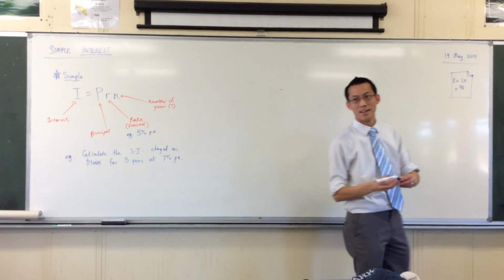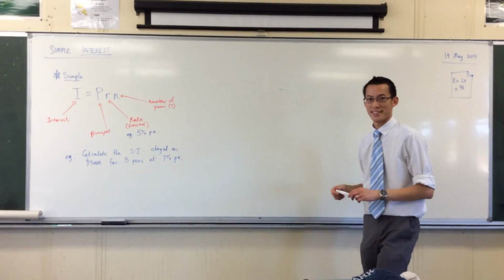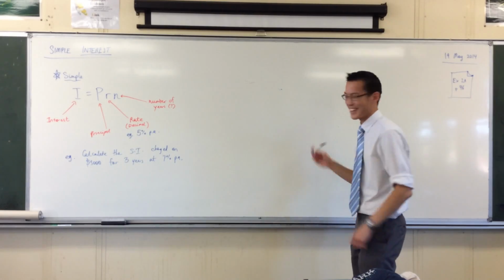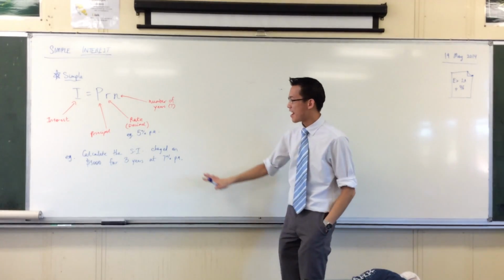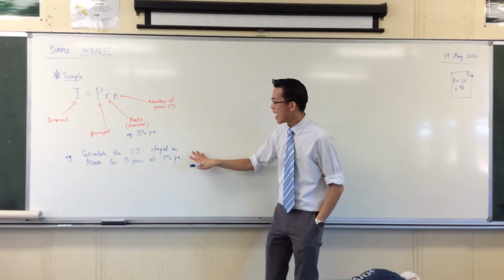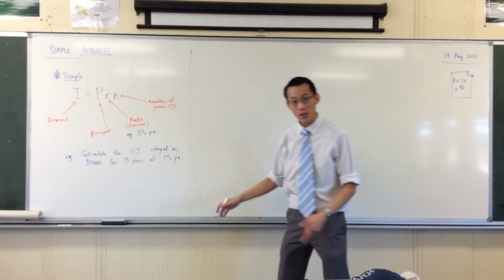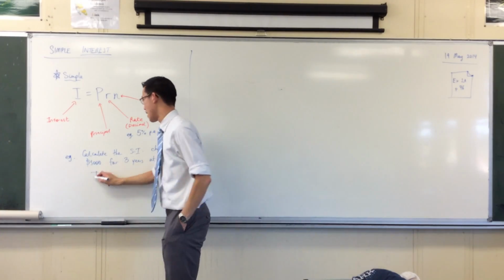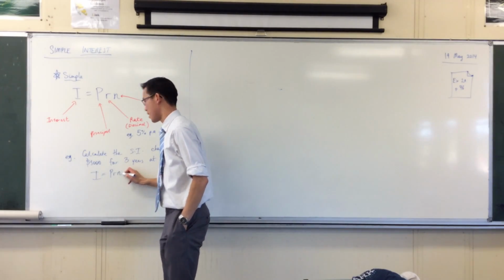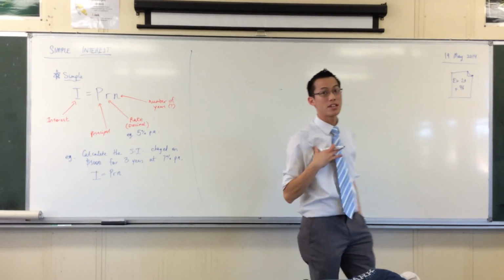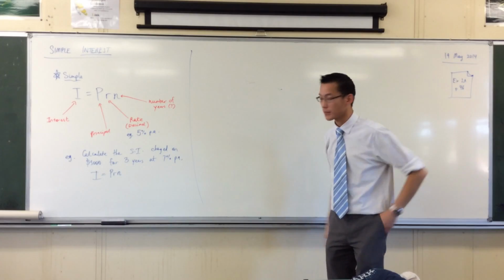Okay, let's have a go. Now, you can see that all the pieces are here, and we want to work out where to fit them into this formula. So I always start by writing down the formula. That doesn't get me any marks, but it helps me to know where I'm going to slot all the information, okay?